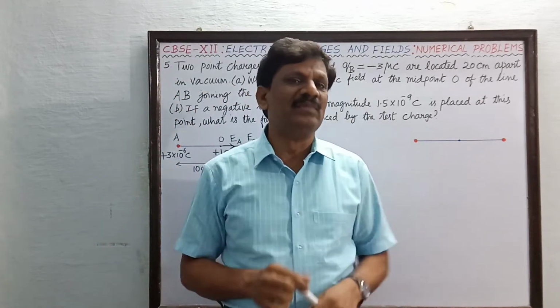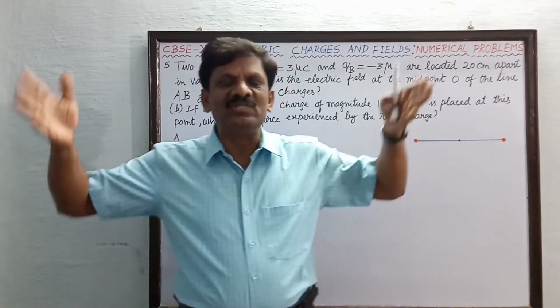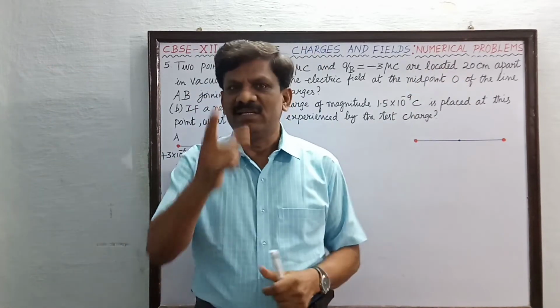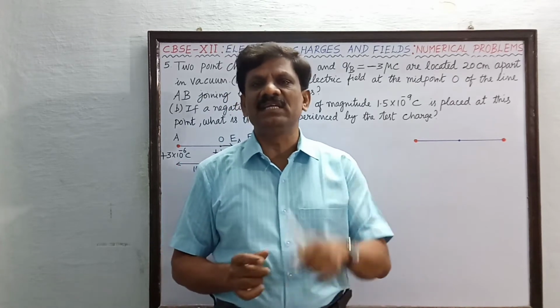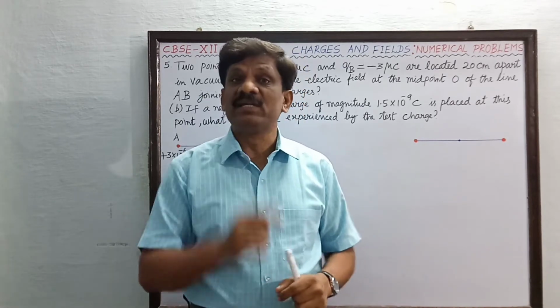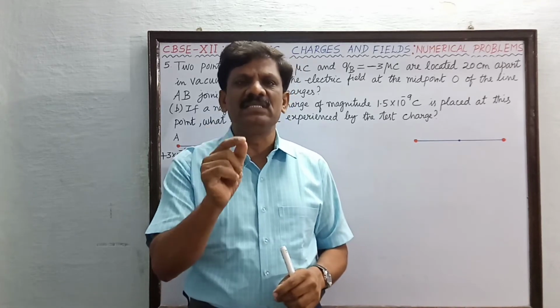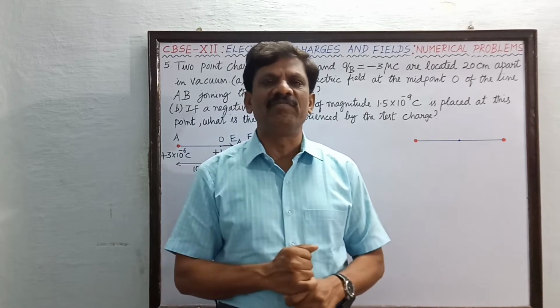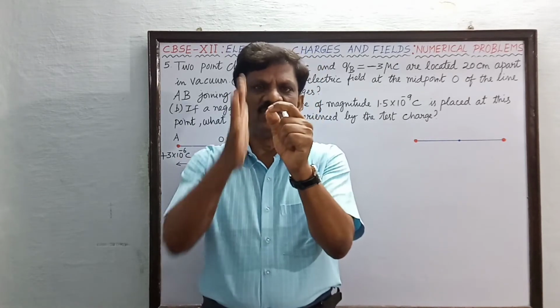Normally the students will mistake that the net electric field at the midpoint will be 0 because the two charges are equal and opposite. That is wrong. Is it not? So if you want to measure the electric field intensity at the midpoint O, first the requirement is to place a unit positive charge, a test charge of plus 1 coulomb. This charge at O will experience two forces.